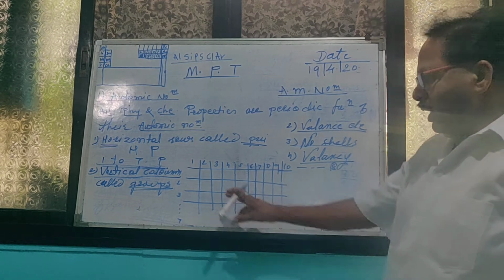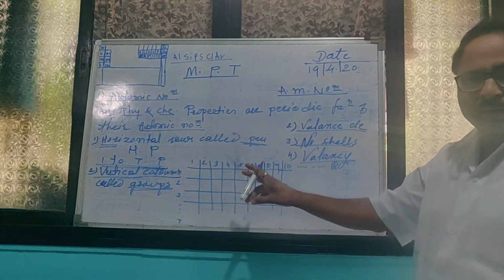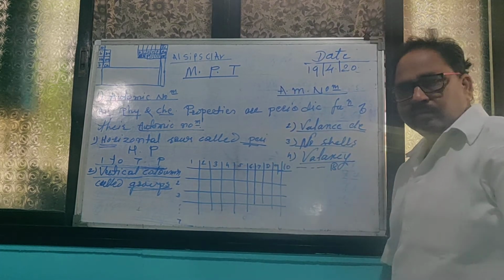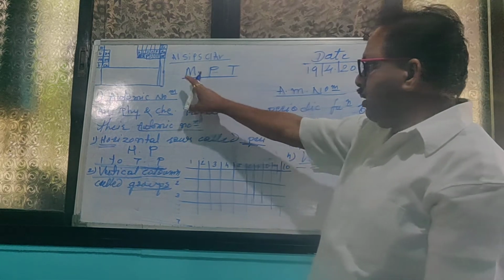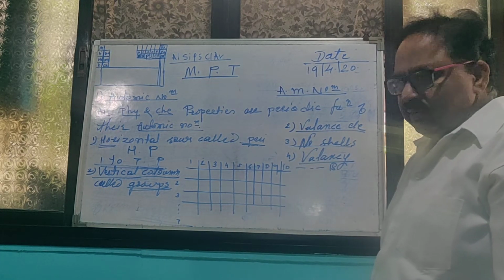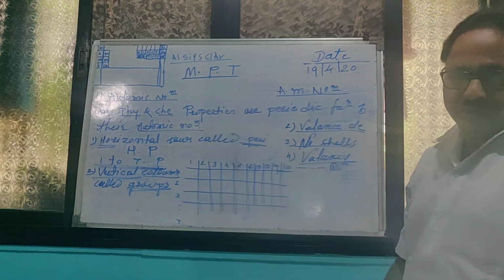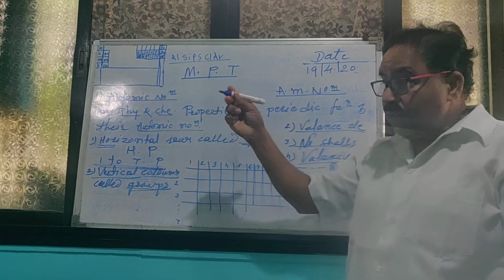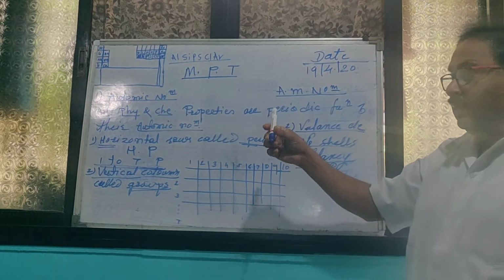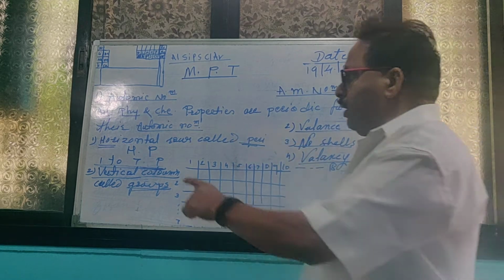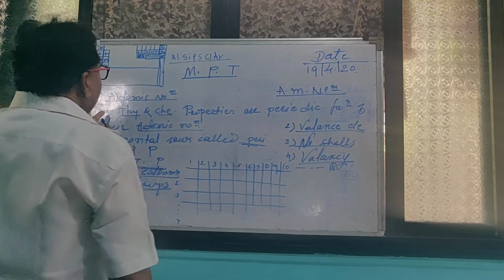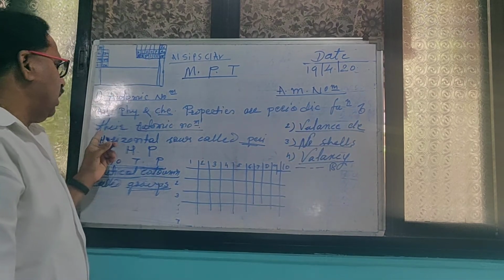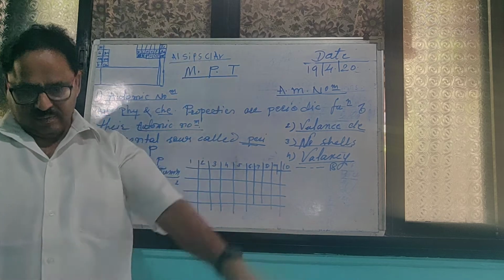That means there are 7 periods and 18 groups included in the modern periodic table. Who discovered it? Moseley discovered it. What is the definition or rule of the modern periodic table? Moseley states that all physical and chemical properties of an element are a periodic function of their atomic number.